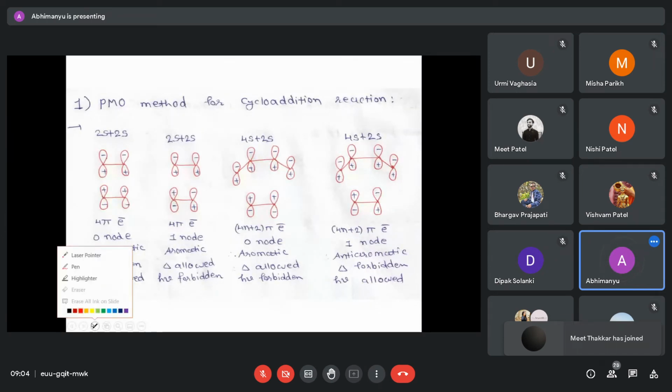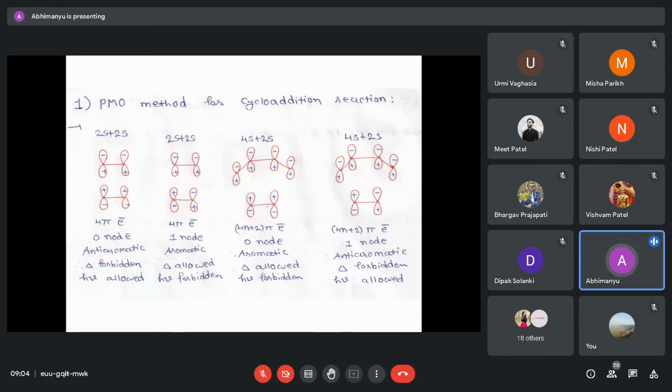Again, 4n plus 2 pi electron system, plus plus plus plus, symmetry present means what? Okay, 4n plus 2 electron, total number of nodes, 0. Yes, it is aromatic, so thermally allowed, photochemically forbidden.